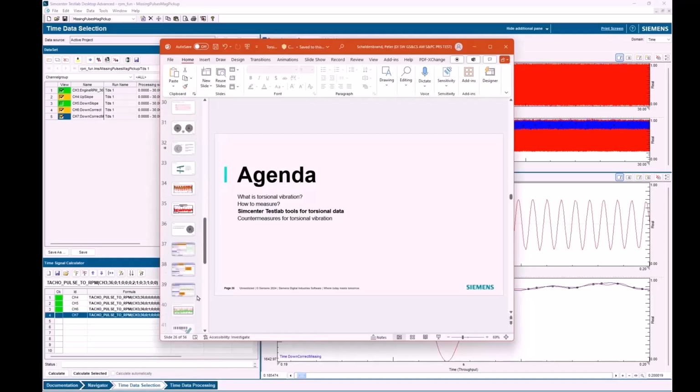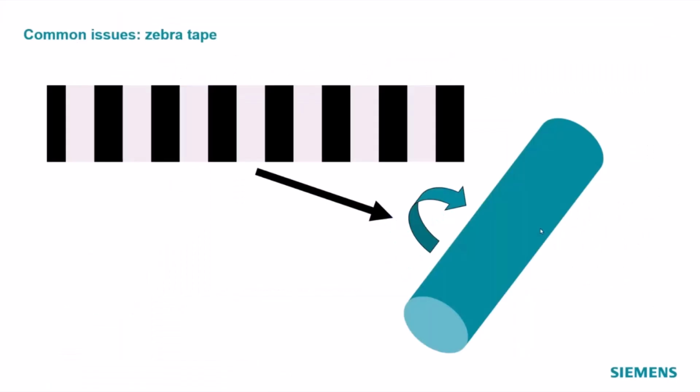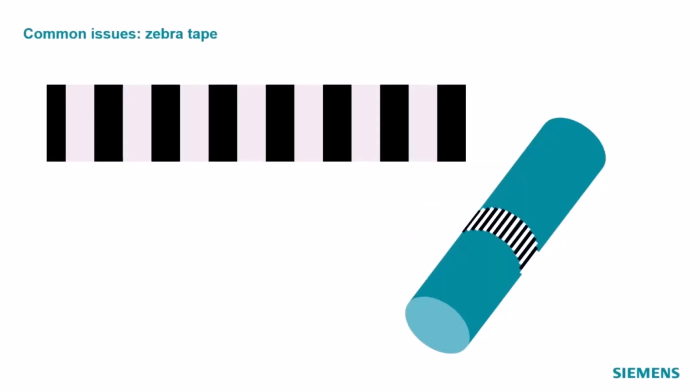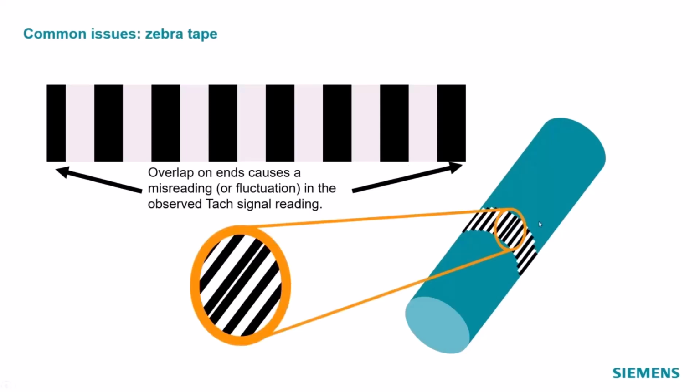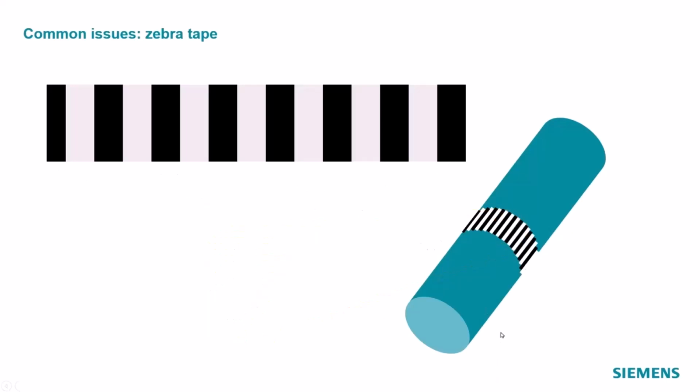Here's another thing that can happen. So we were talking about this tape, and we put it around this shaft, right? And then go and do some measurements. But I think you alluded to this. You said there could be a joint where the piece of tape overlaps with where you laid down the tape originally, and then you get something like two pulses that are really close together or farther apart.